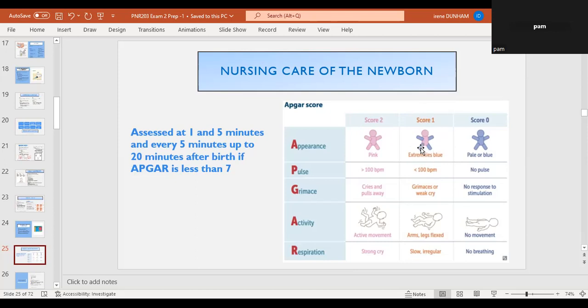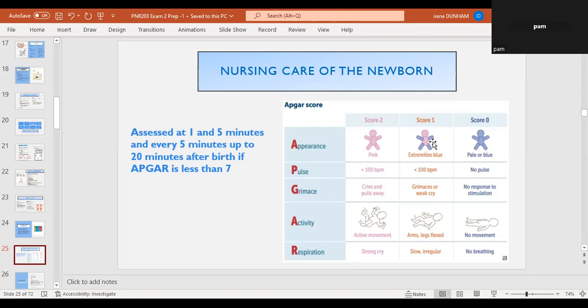All that is that the little hands and the little feet are blue, okay? That's because, remember, we have those different shunts of the heart that have to close and reverse the fetal circulation. So it takes longer for blood to get to the extremities. Does that make sense? Yeah. So that's okay.